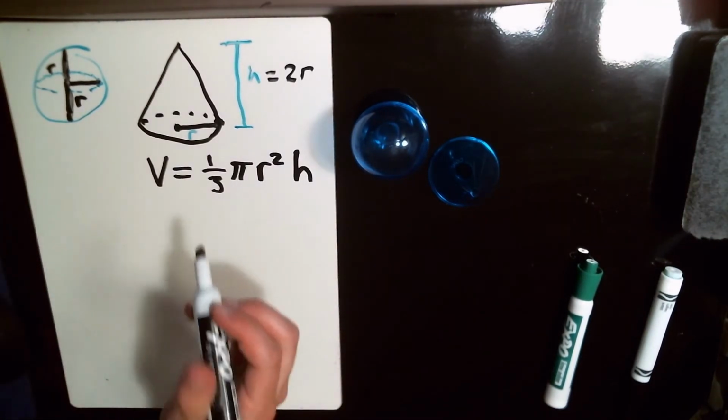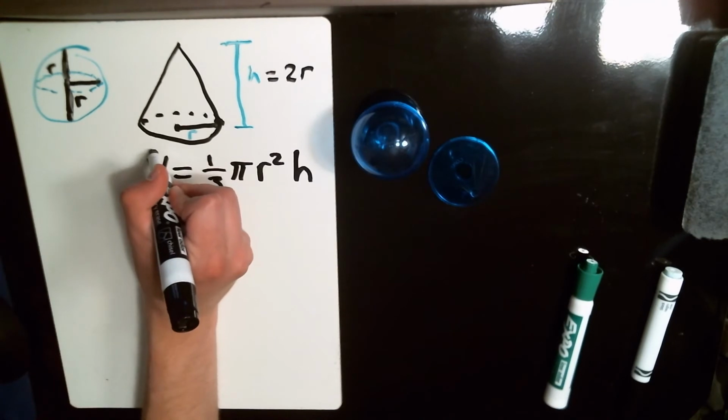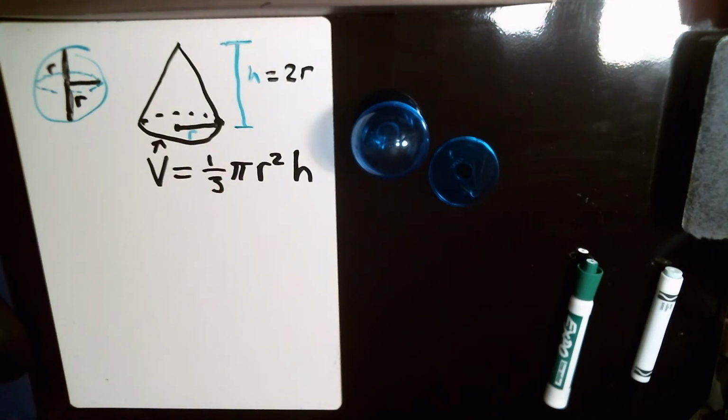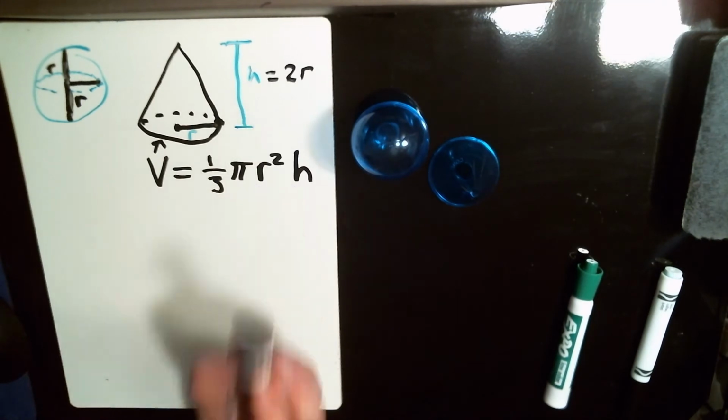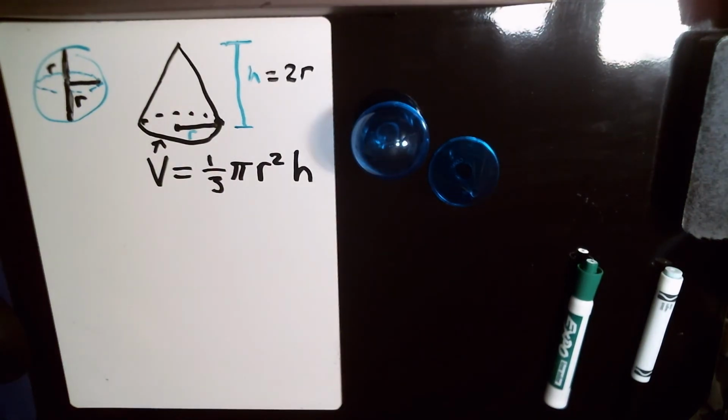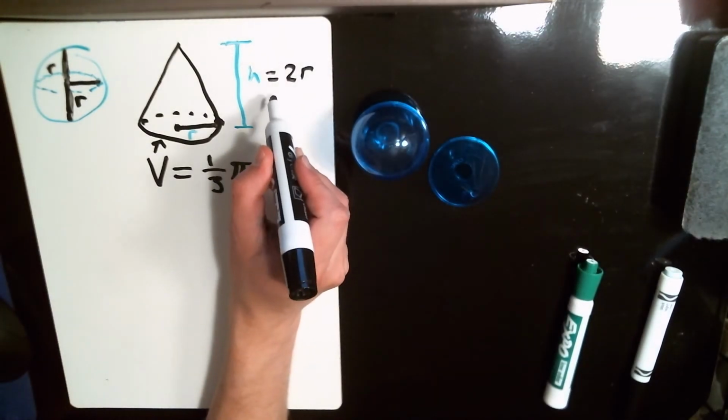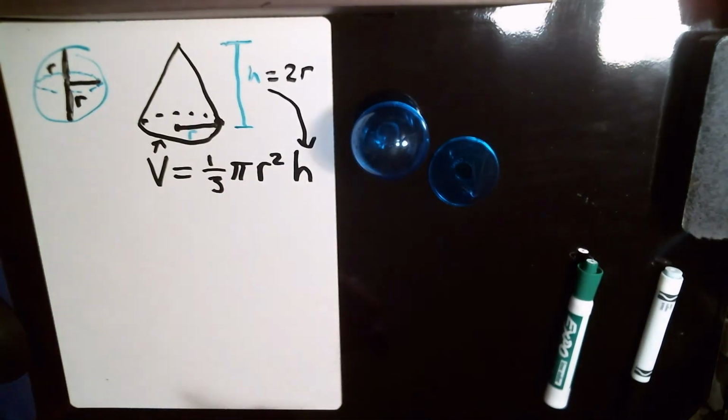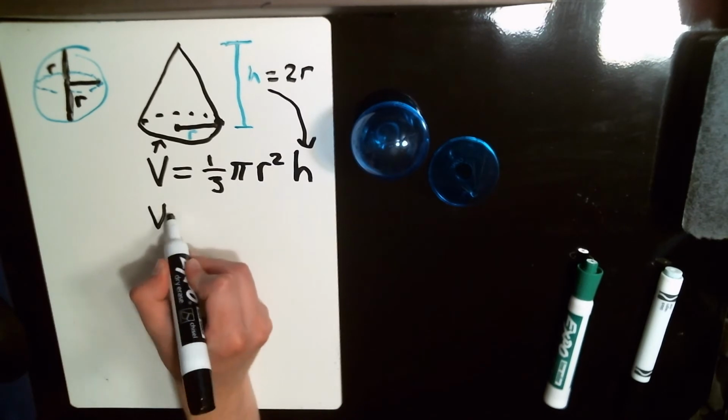This was the volume formula for your cone. Okay. So then, in our case, the cone we're dealing with has a height of 2r. So I can plug that in to the formula for h. I'm just going to replace h with 2r.